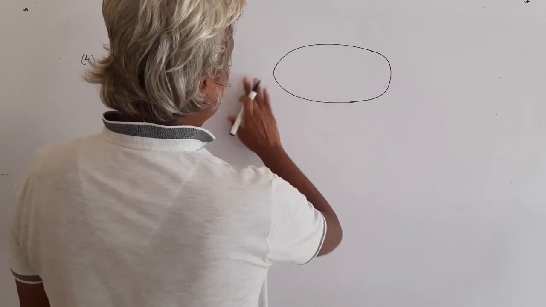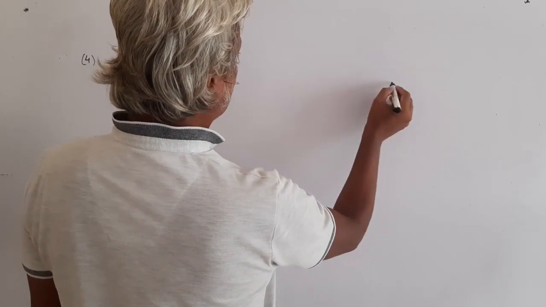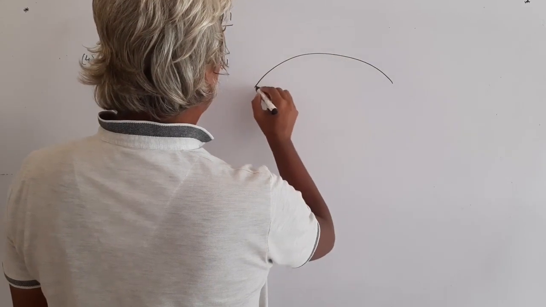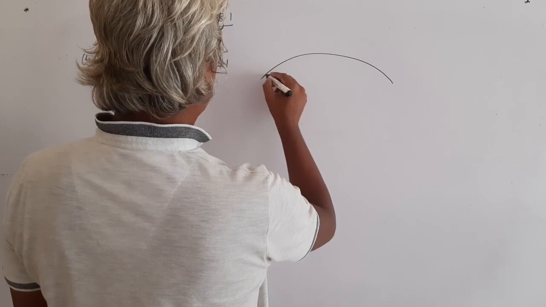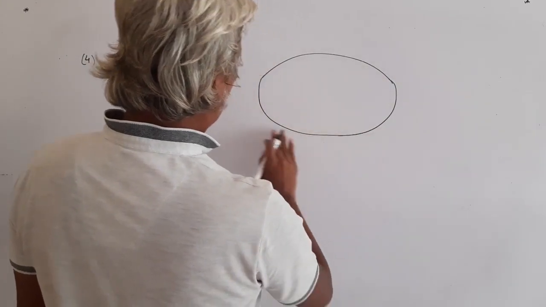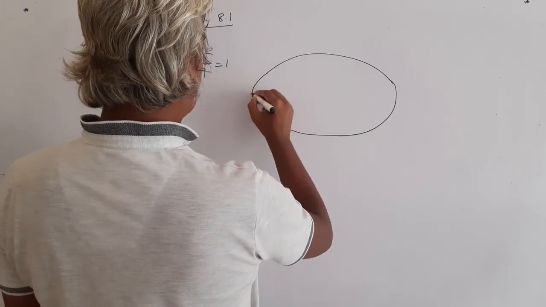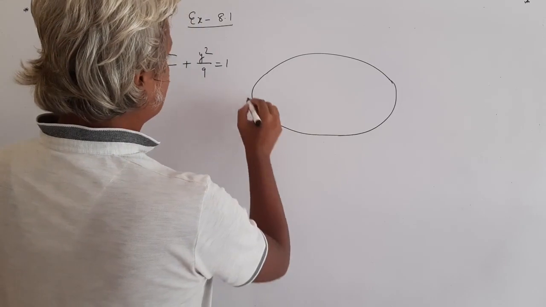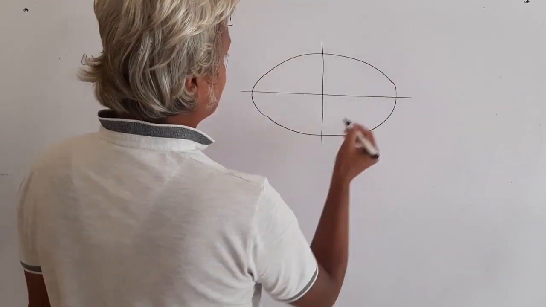It may not look like a perfect one, but actually it is. So this is our major axis, this is our minor axis.